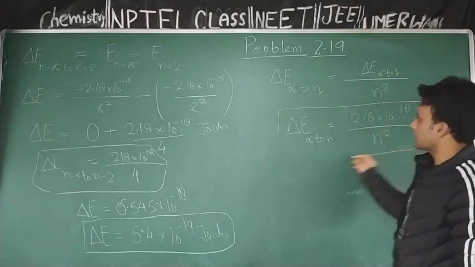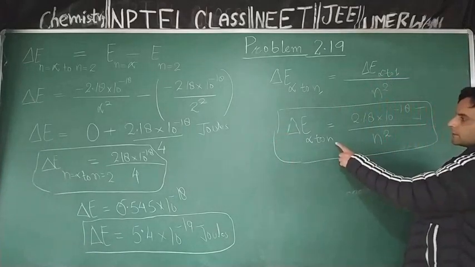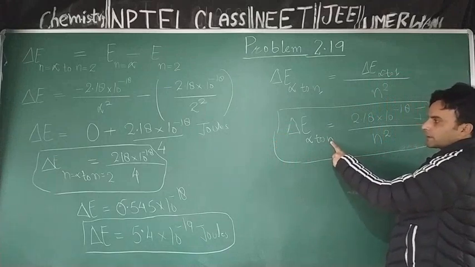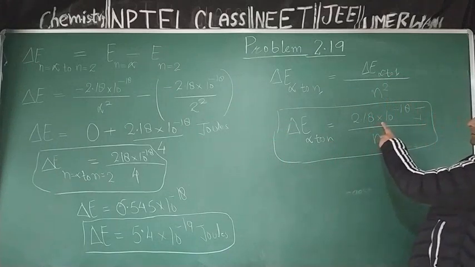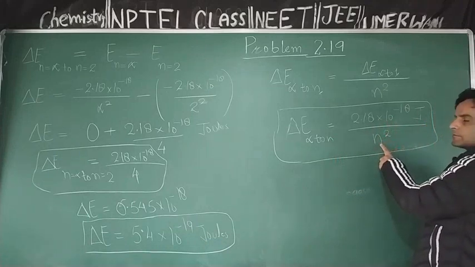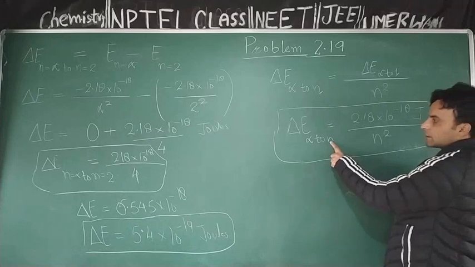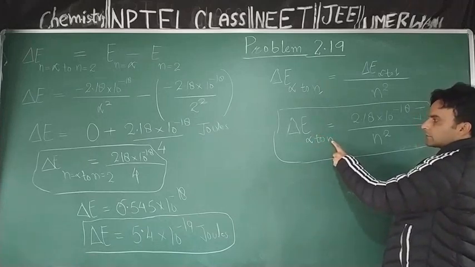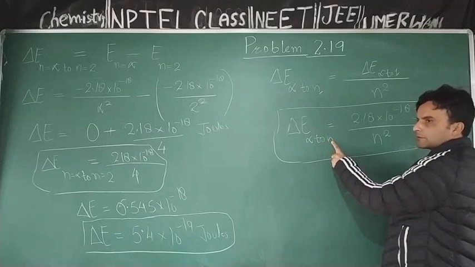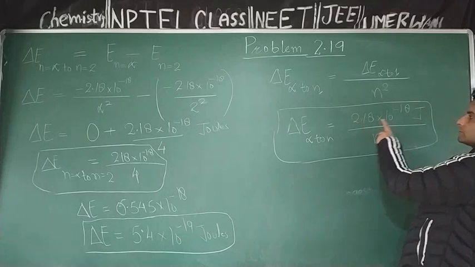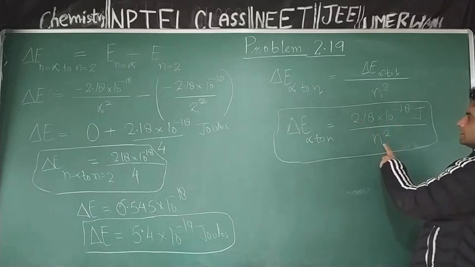Suppose in any other question we are asked to find the energy required to remove an electron which is present in the third orbit of hydrogen atom, then we divide 2.18 into 10 to the power minus 18 joules by 3 square. If it is asked for the fourth orbit, we divide 2.18 into 10 to the power minus 18 by 4 square.